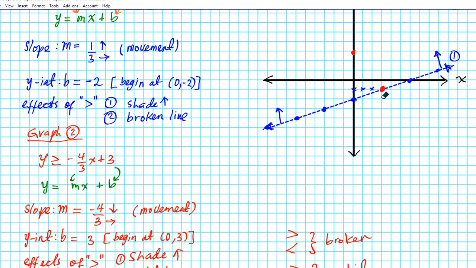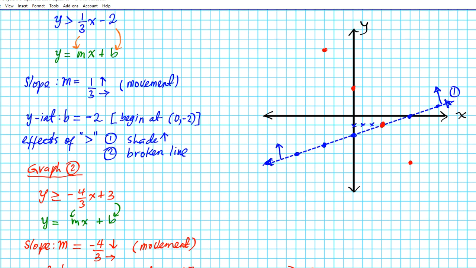Drop 4, 1, 2, 3, 4, run 1, 2, 3. Bam, like that. Or you can rise 4, 1, 2, 3, 4, and back up 1, 2, 3. Alright, so we're going to make this line solid, and we are going to be shading above. Let's go ahead and graph that line. So it goes through this point, like that.